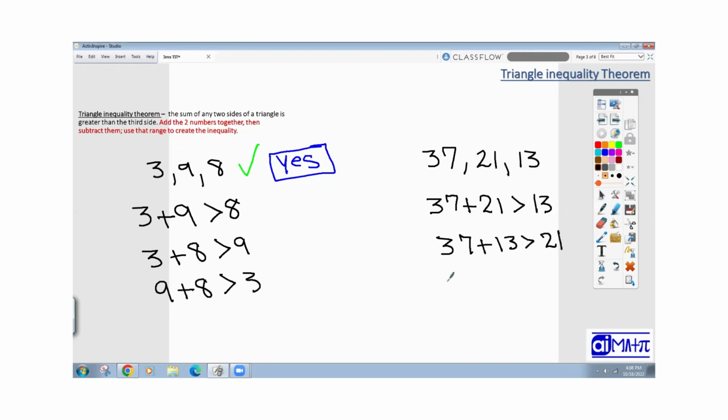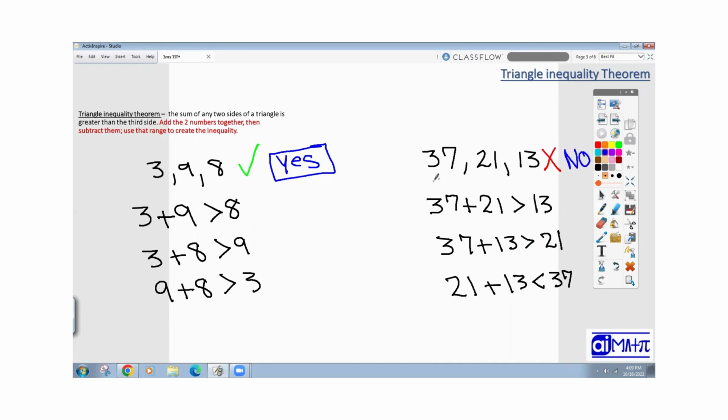Last thing I would do is 21 plus 13. That's 34, and that is less than 37. So because this last part doesn't work, this cannot be a triangle. And I would answer this question no.